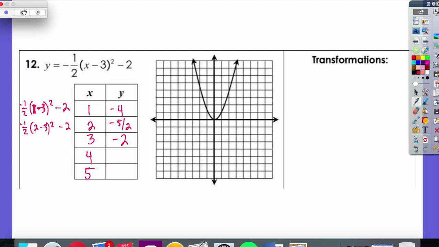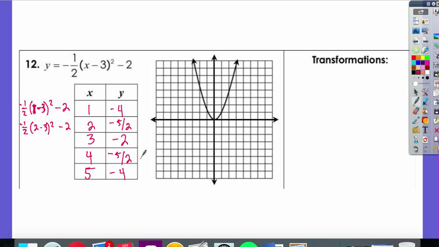You could have also written that as -2.5. Now, because we specifically chose values in both directions, equal distance from the axis of symmetry, from the vertex, I can now safely go ahead and fill in the rest and say that this is also going to be -5/2 and this is going to be -4. Remember, that could also be seen as -2.5.